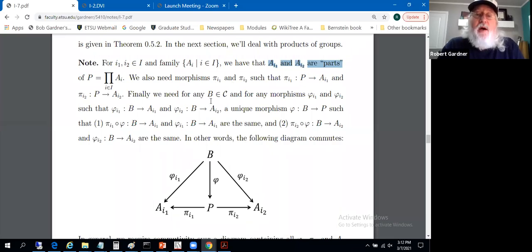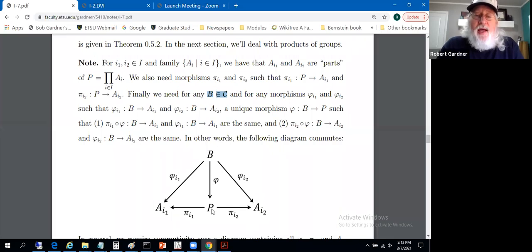So we need then for any object B and C, so we're doing that any object thing, which is related to compositions, any morphisms phi sub i1 and phi sub i2 with appropriate mappings. Let me not read that to you. Let's look at it in terms of a picture. We need there to exist a unique morphism phi that satisfies the following conditions.